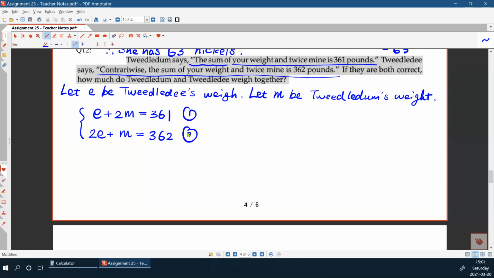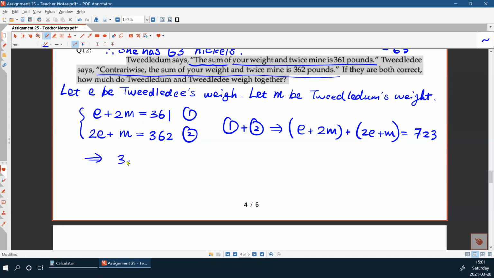So note that we can use equation 1 plus equation 2, and this will give you E plus 2M plus 2E plus M, which is 723. So that means 3E plus 3M equals 723.